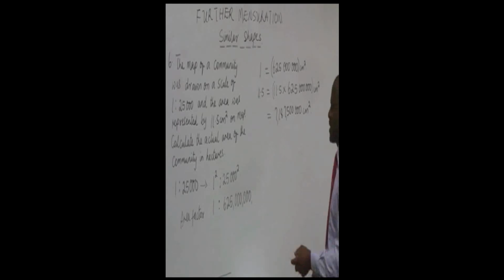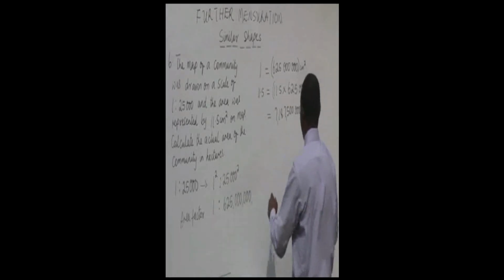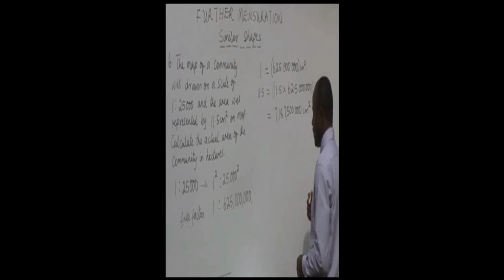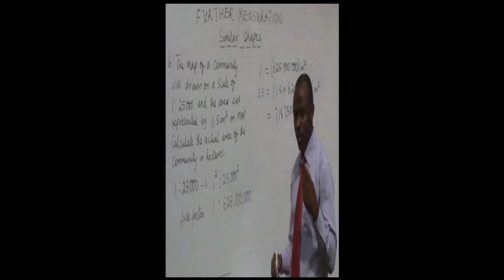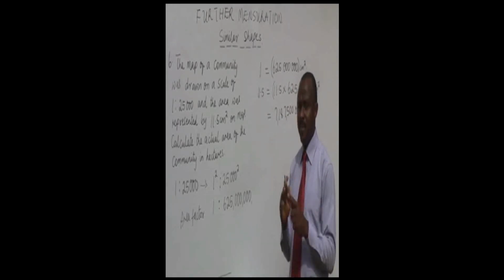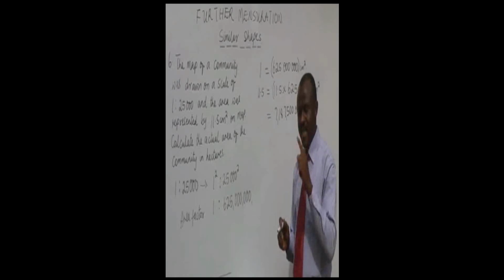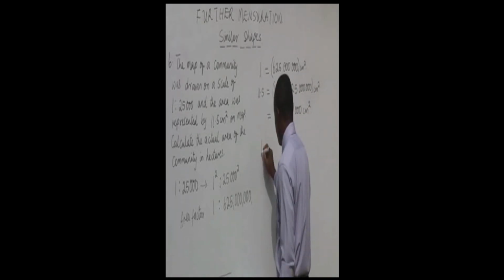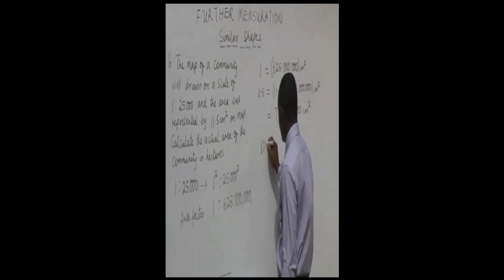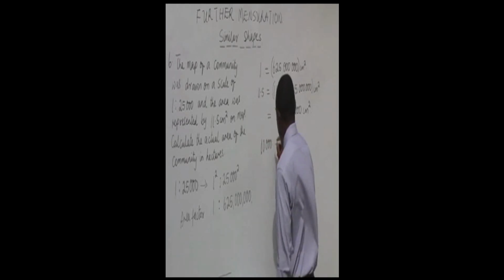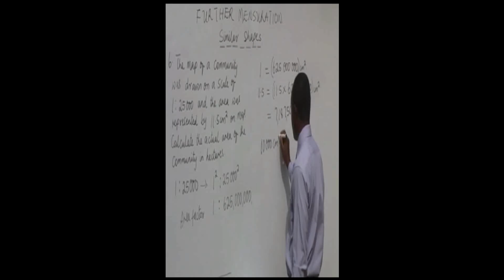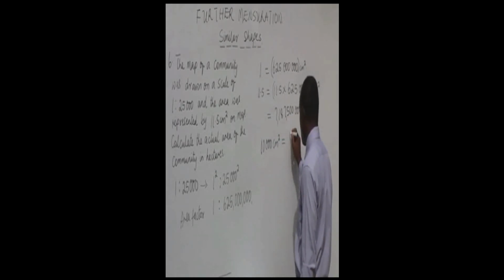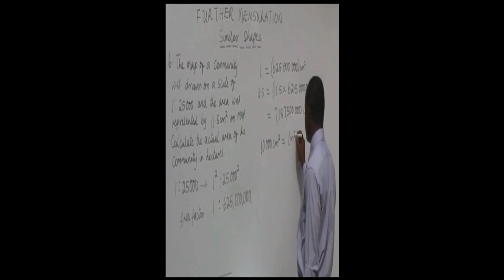That's what it means. But the question says we should give this value in hectares. That will introduce us to measurements. 10,000 cm squared is equal to 1 meter squared.